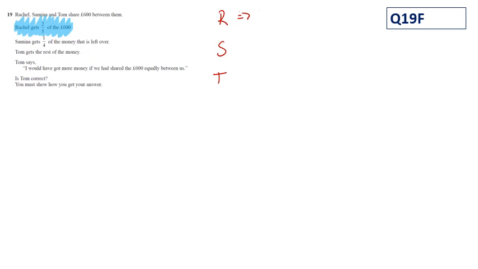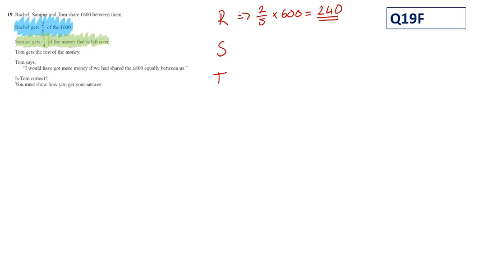The calculation for that is going to be 2/5 times 600. I can type that into the calculator and I'll get an answer of £240. So Rachel gets £240.